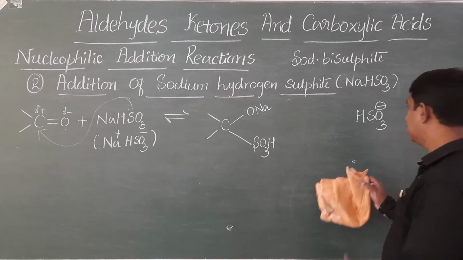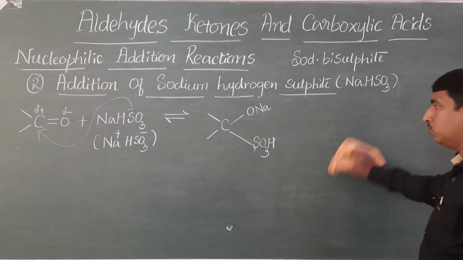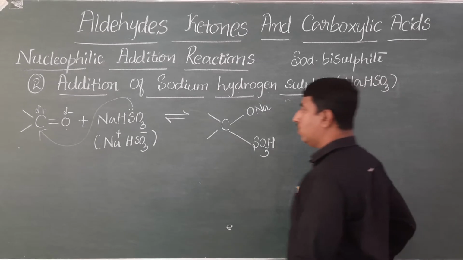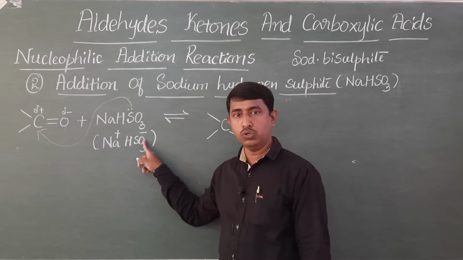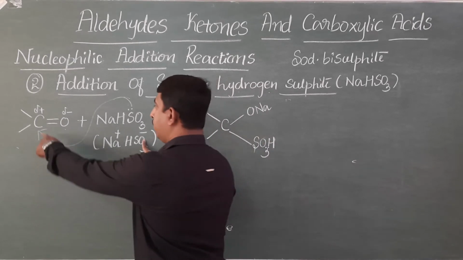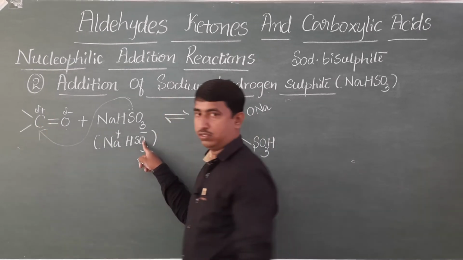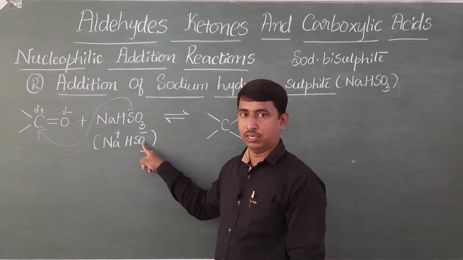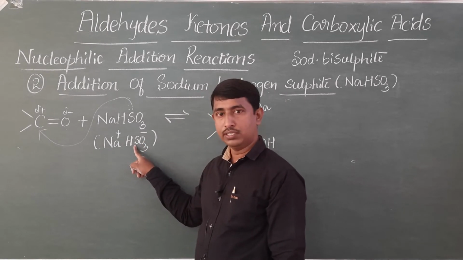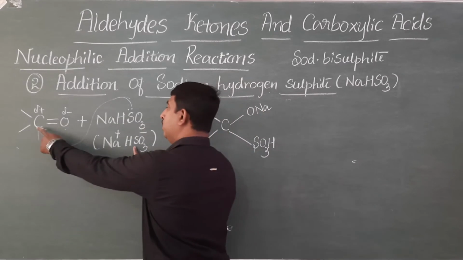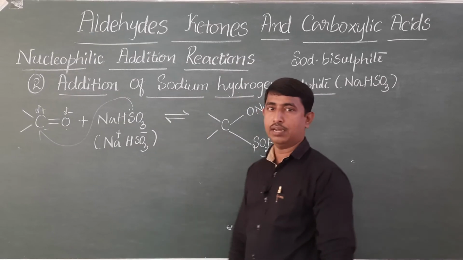SO3H. So, why does nucleophilic attack take place through sulfur? Why not through oxygen? If nucleophilic attack takes place through oxygen, then the bond formed will be carbon and oxygen. If the nucleophilic attack takes place through the sulfur atom, then the bond formed will be carbon and sulfur.